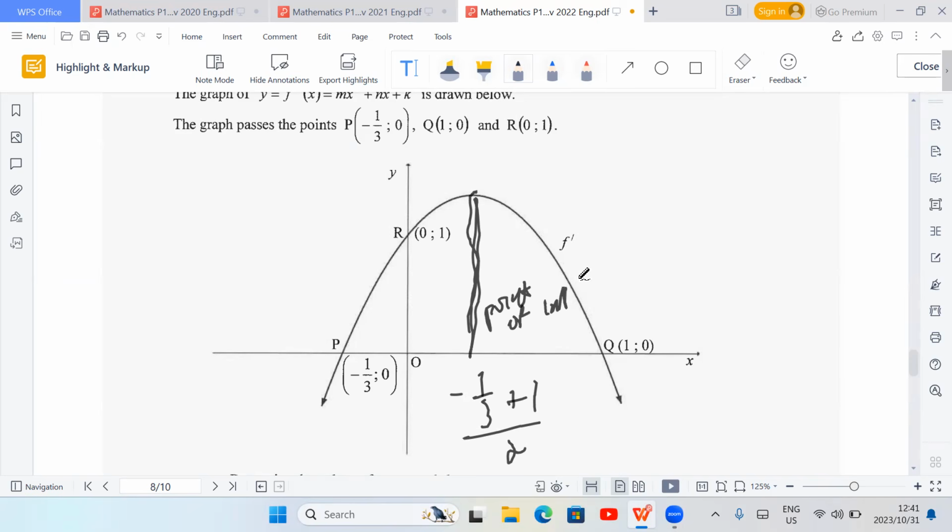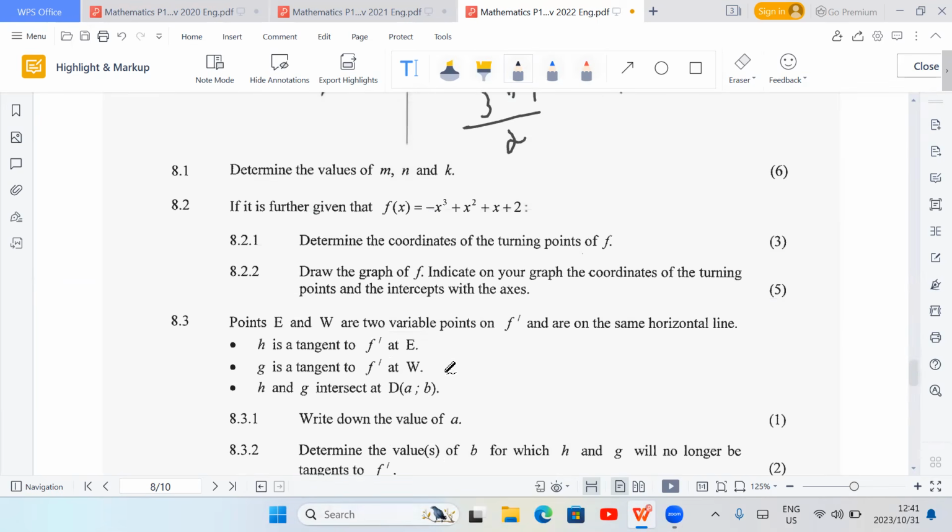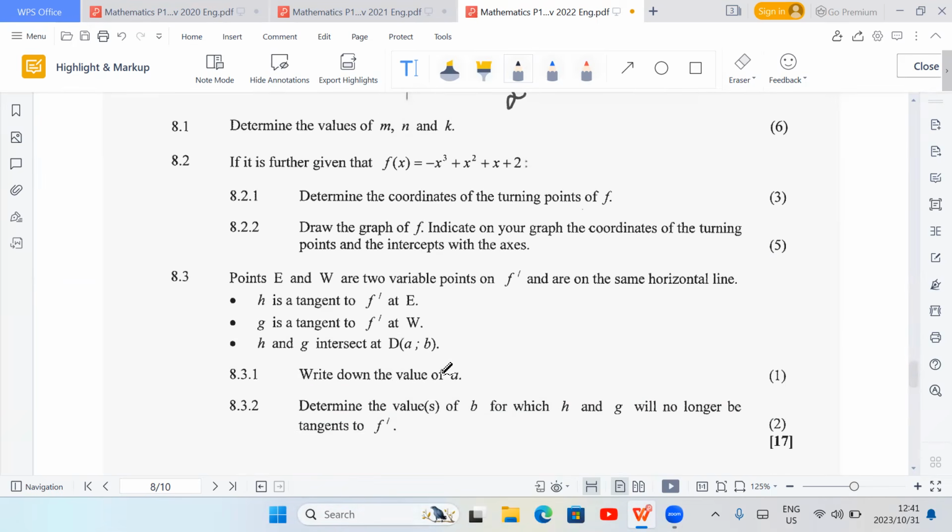The x coordinate only is representing the point of inflection. Now, if you wanted the y coordinate of the point of inflection, you'd obviously have to have the cubic graph for that. Then if you understand that relationship, you'd be able to solve these questions.